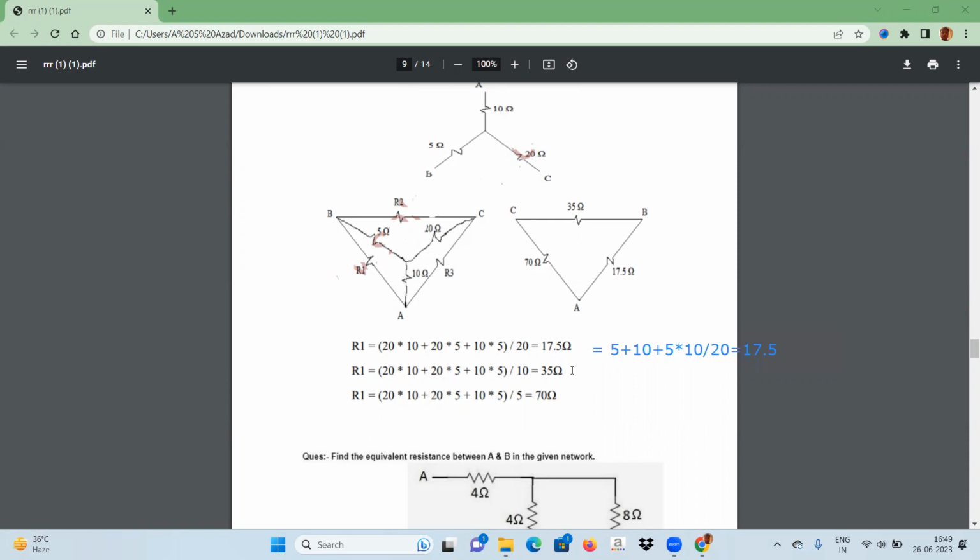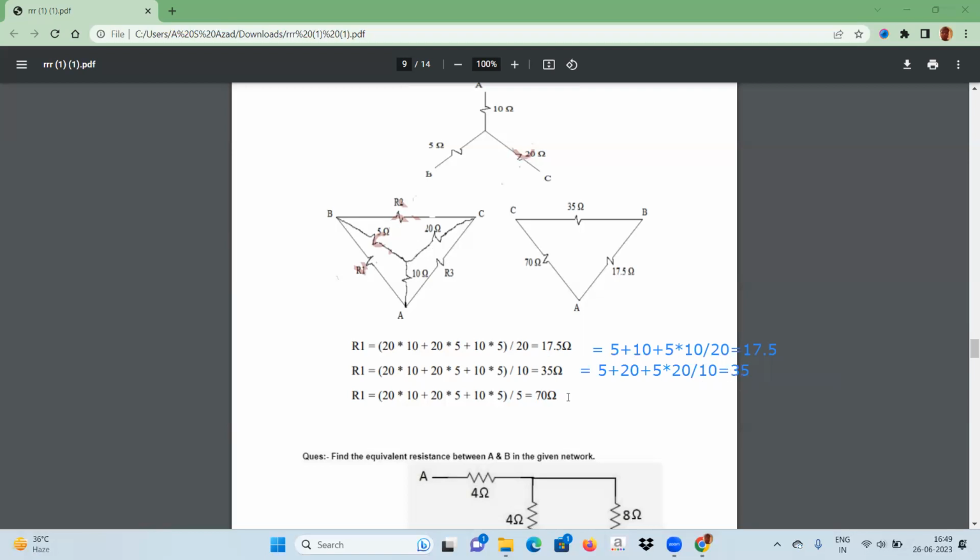And similarly, you can calculate R2 here. R2 is 5 plus 20 plus 5 into 20 divided by 10, and this will be 35.